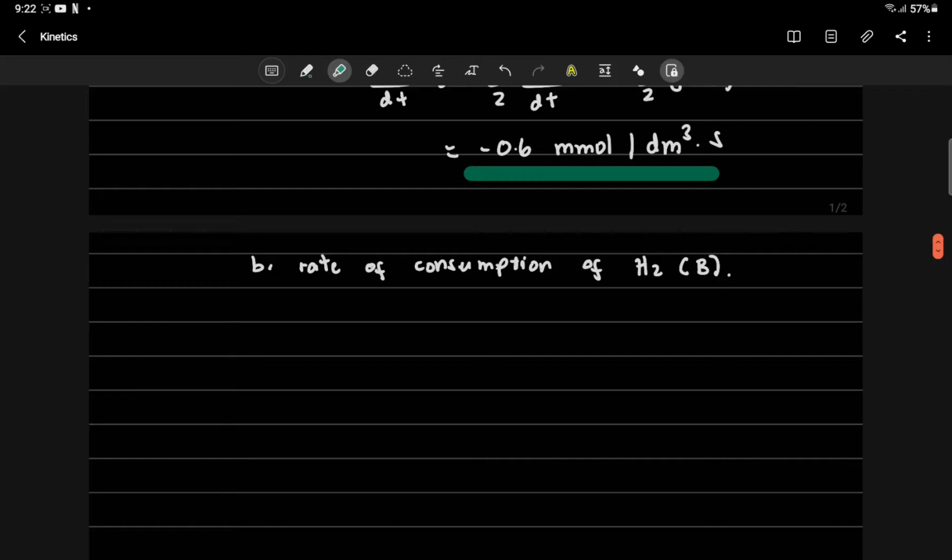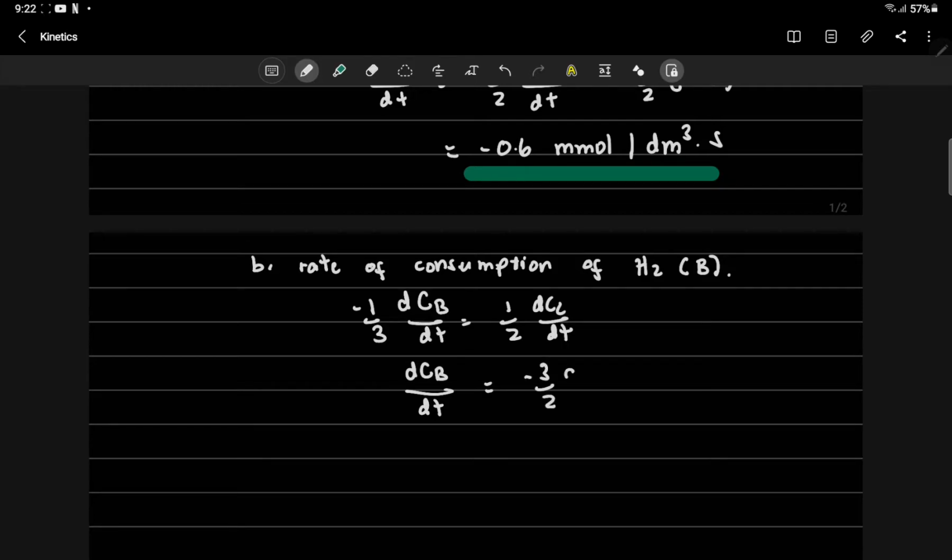Rewriting that here, we get minus 1/3 dCB/dt equals 1/2 dCC/dt. Therefore, the change in the concentration of B with respect to time is equal to minus 3/2 dCC/dt.